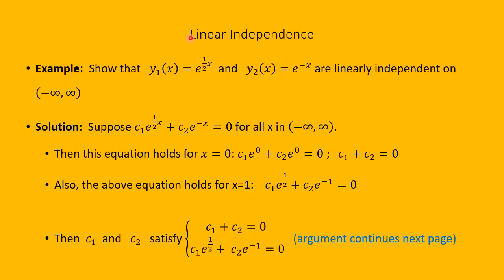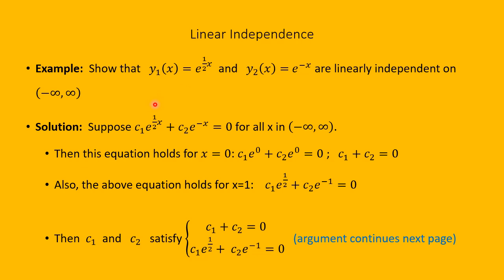So let's look at an example of linear independence. Let's show that these two functions are linearly independent on minus infinity to infinity: the function e to the half x and the function e to the minus x. If you remember, these were the two solutions that we found for that homogeneous differential equation we saw just a short time ago.